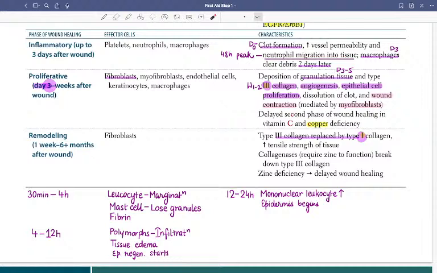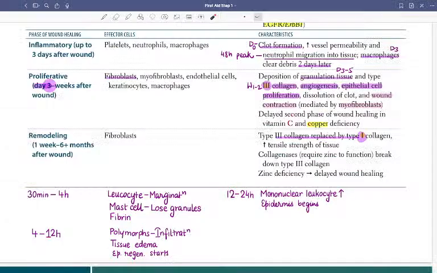At day 0 you have clot formation. Within 2 days, peak at 48 hours, neutrophils migrate. Neutrophil migration by C5A, and macrophages come in on day 3 and clear debris.